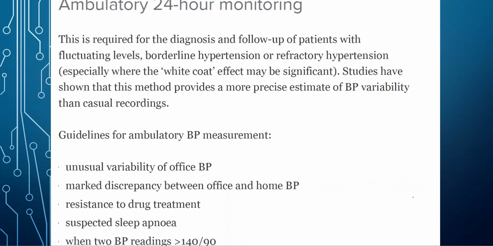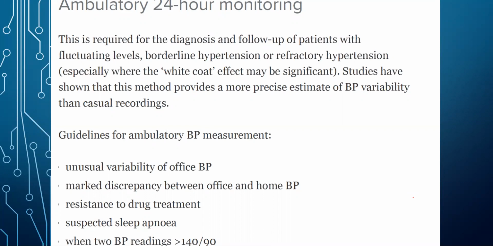There is a term called ambulatory 24-hour BP monitoring, very commonly asked in the exam. Now, what happens is that many patients have high variability of their blood pressure. So today you have found the patient's blood pressure is 160/100, and just 1 month later, you find it's 120/80.